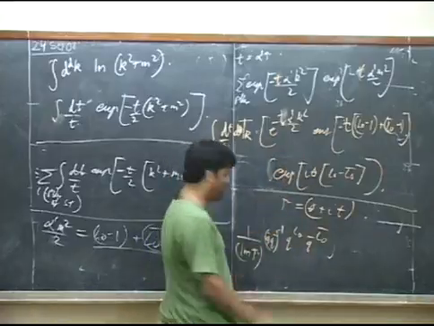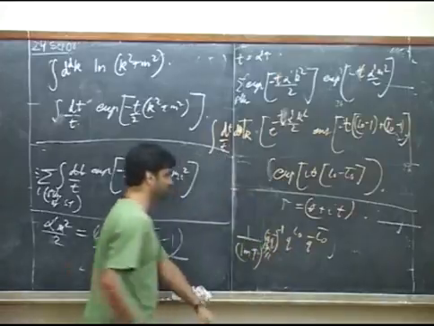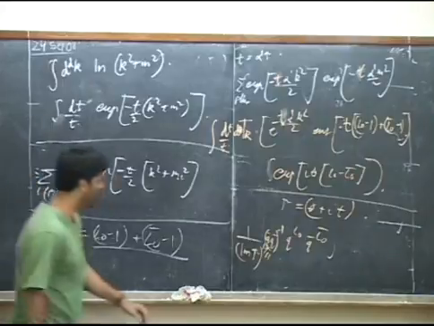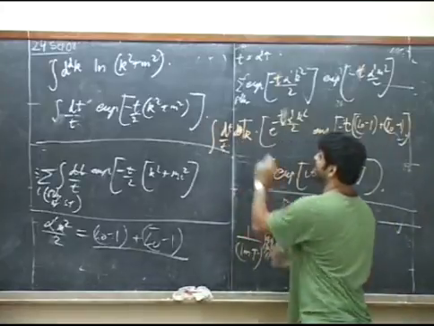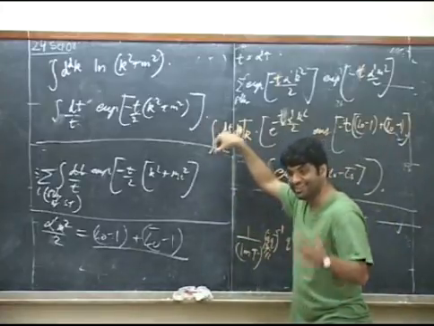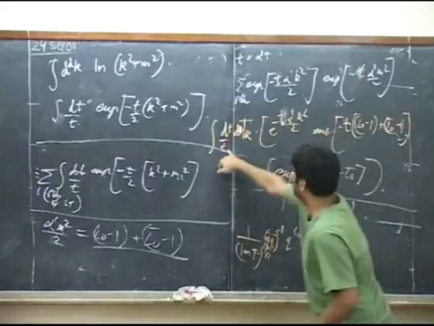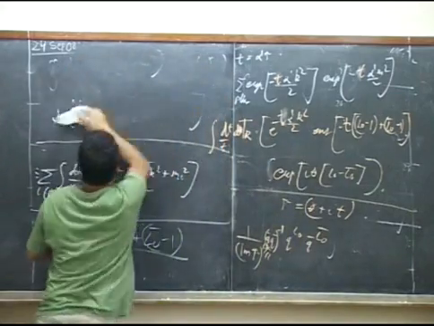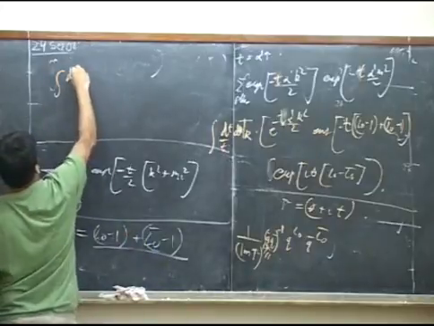So this thing is just d2 tau, d real tau times d imaginary tau, divided by the imaginary part of tau to a power. So we recover exactly what we had before, except for one important change.